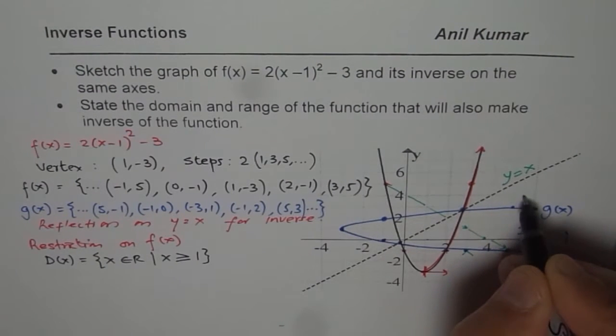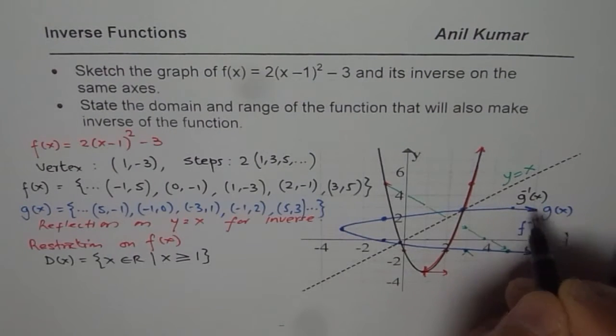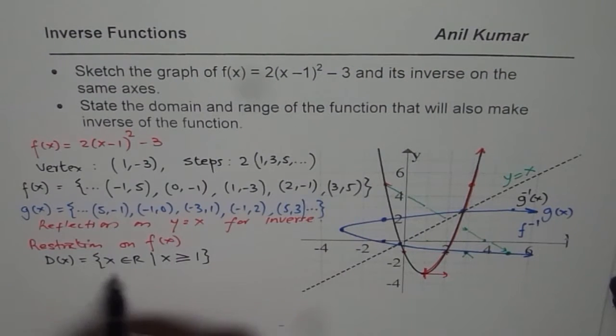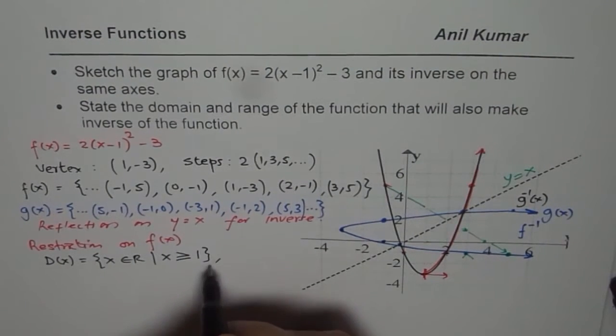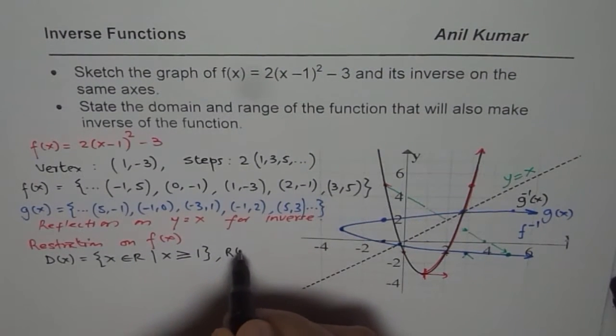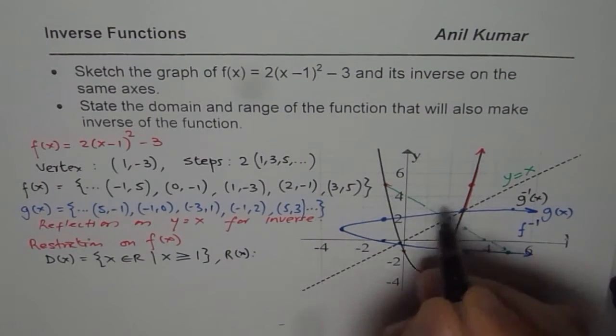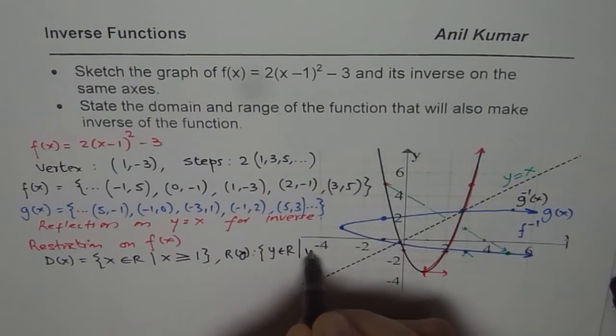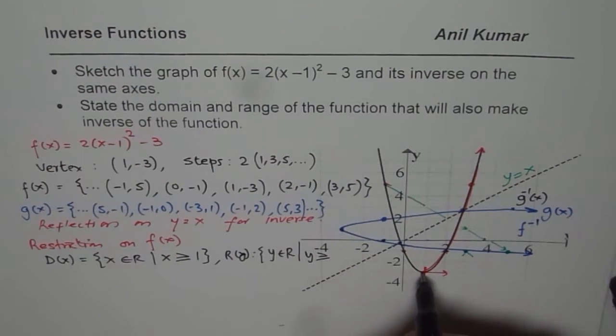So in that case, the inverse becomes a function itself. So in this case, the domain is restricted and the range of the original function, however, remains the same, which is y belongs to real numbers, where y is greater than or equal to minus 3.